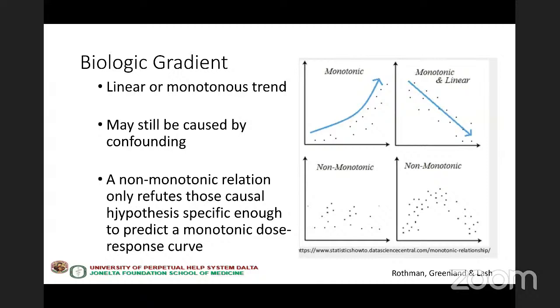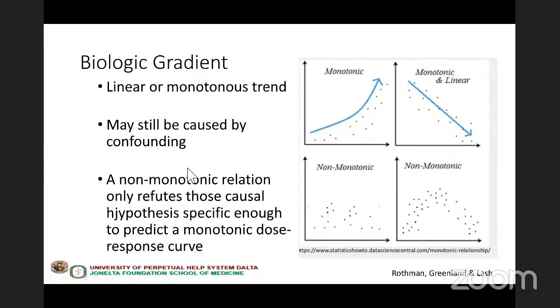So if you look at the graph, your monotonic relation would lead to a reaction. But a non-monotonic relation only refutes the hypothesis specific enough to predict your monotonic dose response curve.